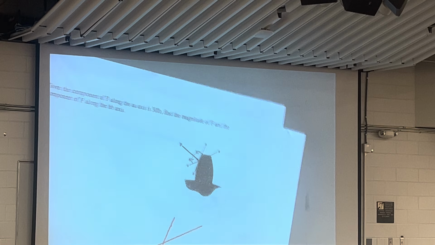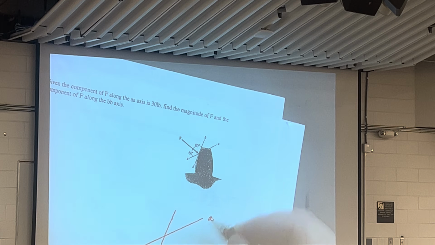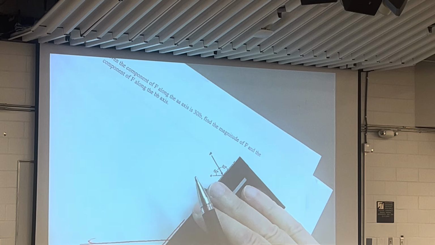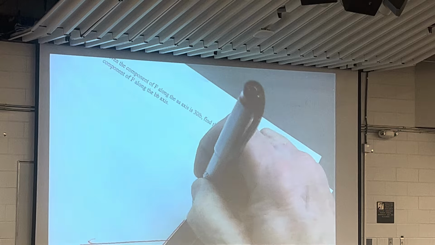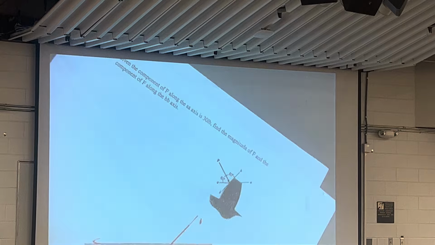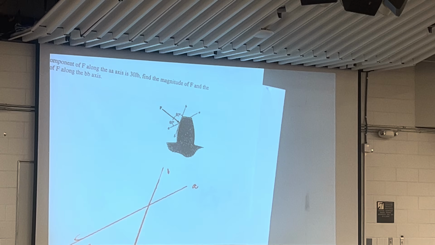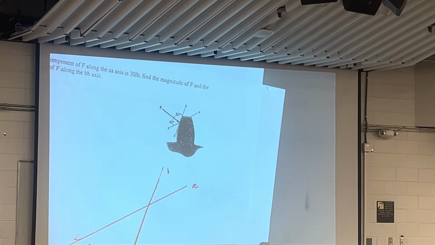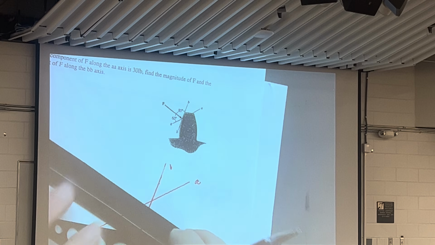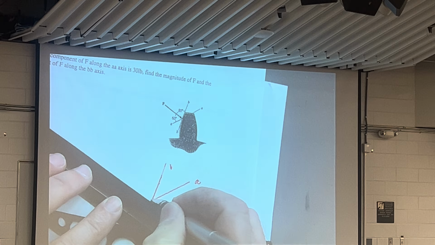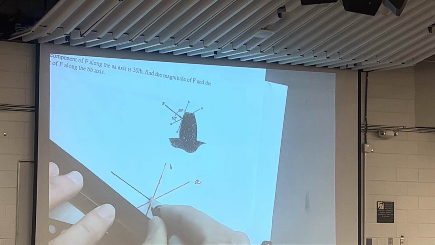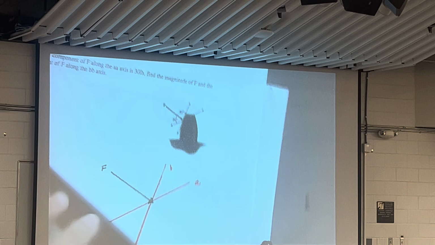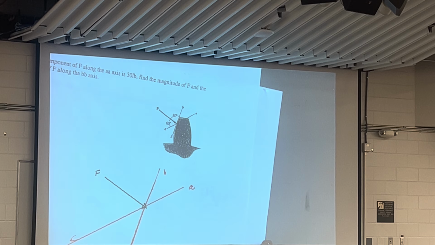Those are the 2 axes. This is AA, BB. And I drew them pretty much parallel to what they were before. I'm going to put in here my force, which is F. I don't know the value of F. I'm asking you for the value of F.